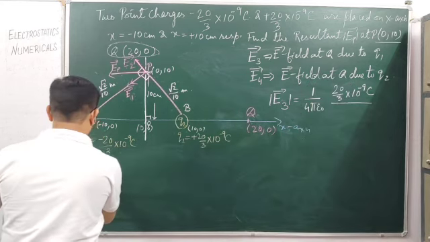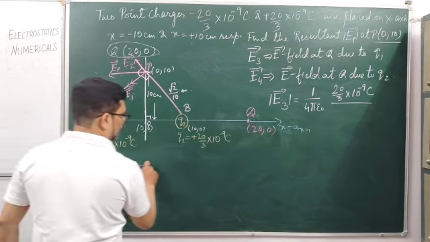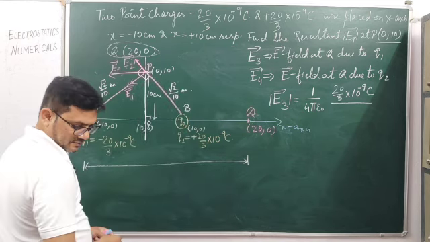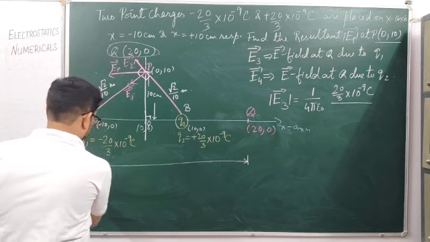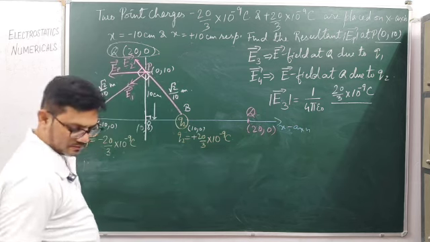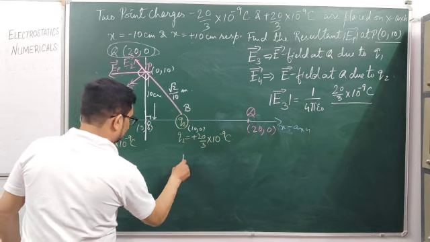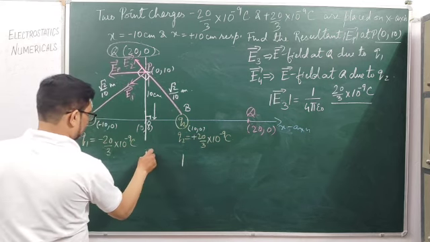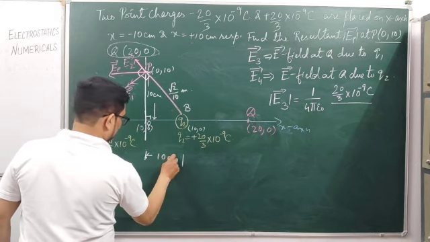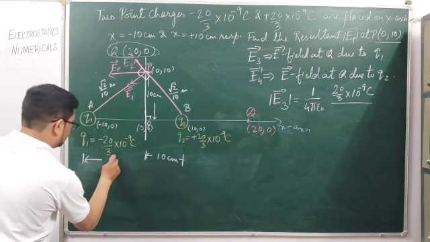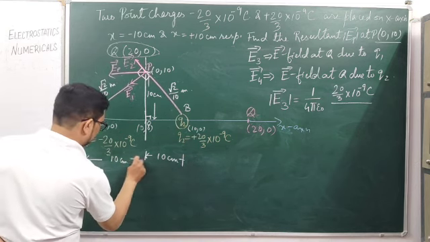So from here to here, what's going to be the distance? Let's indicate it nicely. We know that this is the origin, and from here it is 10 centimeter. From Q1 to the origin is also 10 centimeter.